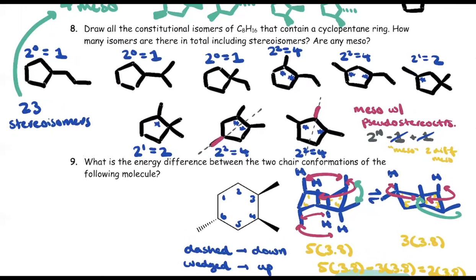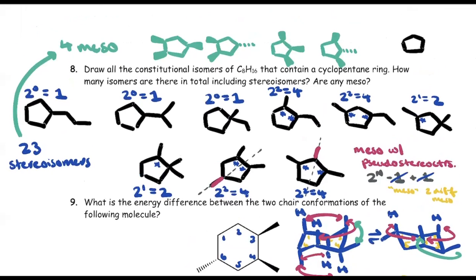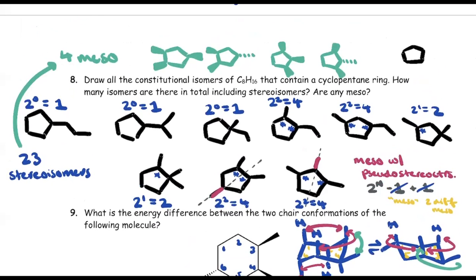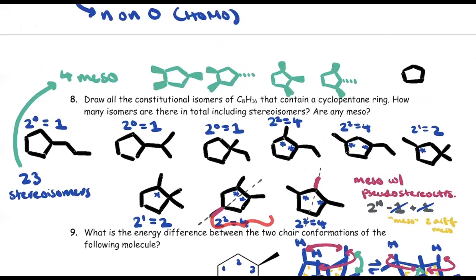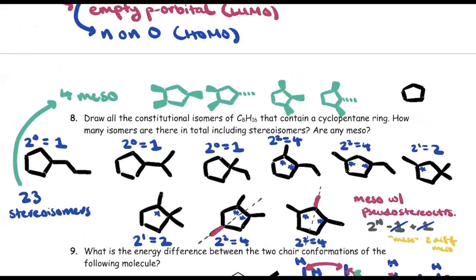Could you re-explain why it's the 4 meso compounds and not 8? Well, remember that if you draw out all the stereoisomers for this, then you're also accounting for the stereoisomers like this one. Right, and you know that this one's not meso.